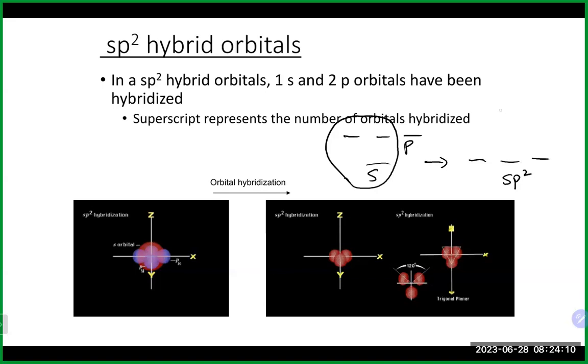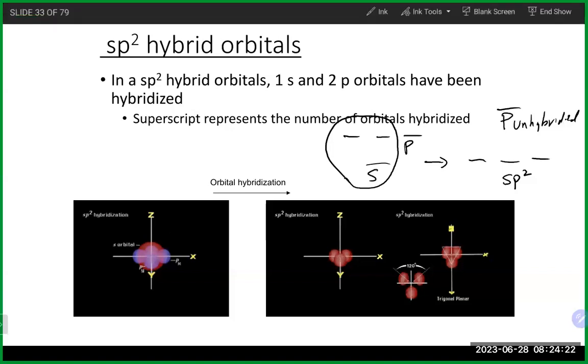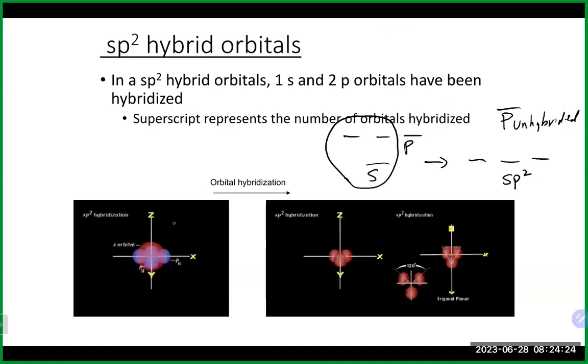We will in this case have one unhybridized p orbital. And again, you can see it here. There is the s orbital, the circle. There is a p orbital coming through here and a p orbital coming through there. So those are going to be the ones that go through the hybridization.